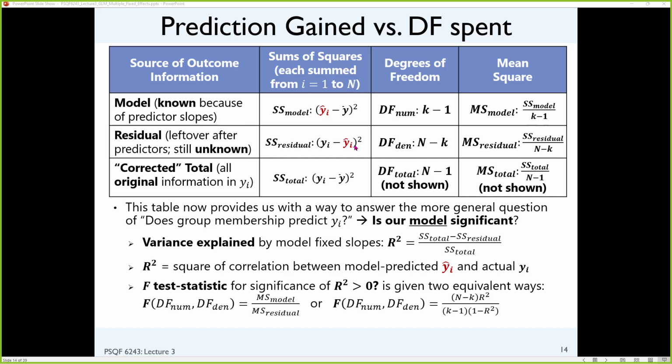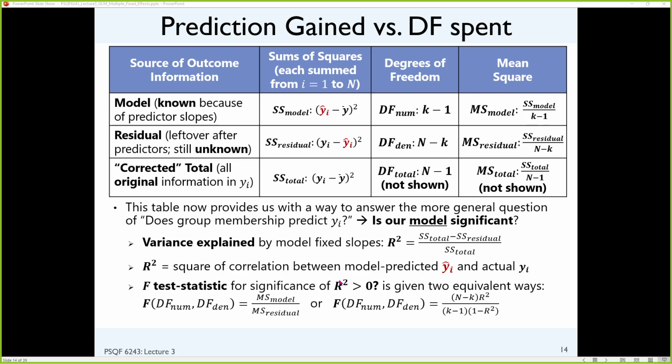And just like R is an effect size, R square is an effect size. F is the test statistic that goes with R square. So just like we had a slope estimate and a test statistic for the slope that gives us a p-value as to whether the slope is significant or not, but then we still need an effect size for how big the slope really is.